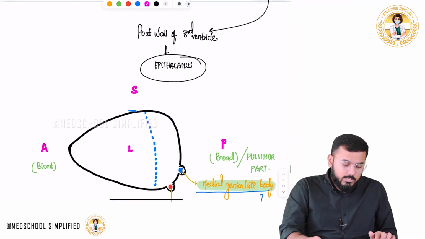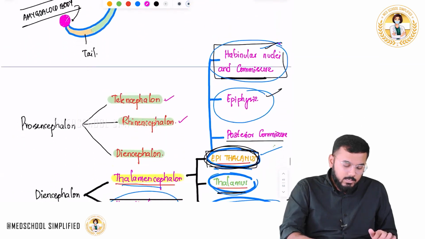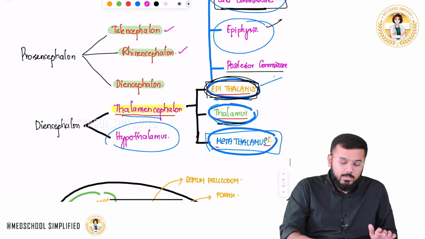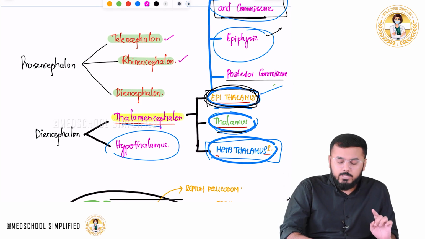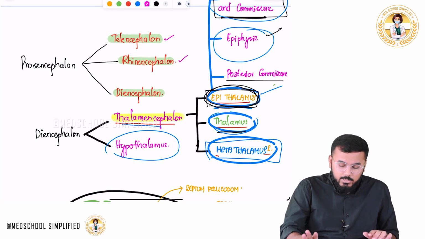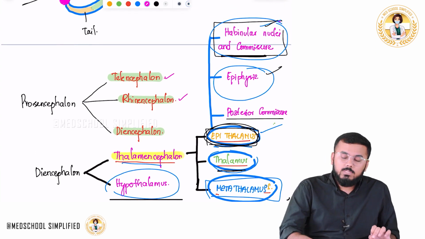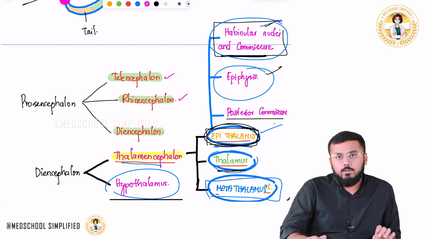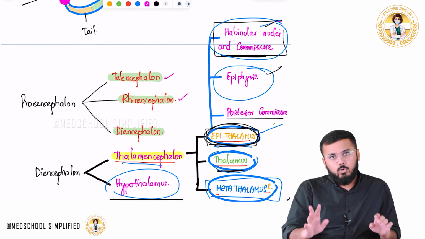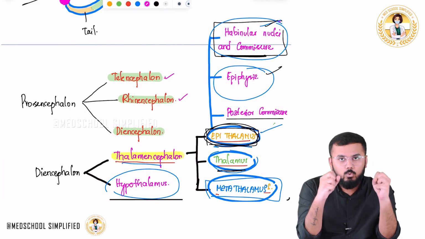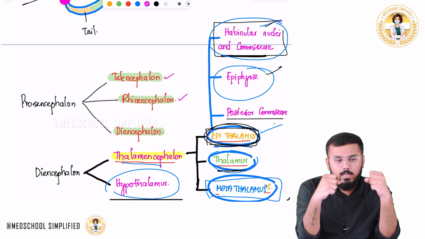So, let us see what are the structures overall which we have discussed, guys. Today we have completely discussed the Thalamencephalon. In the Thalamencephalon, three important parts: epithalamus, thalamus and metathalamus. Now, coming to the epithalamus, we have got habenular nuclei as well as commissure. I have told you, if you remember, there are two nuclei called habenular nuclei.